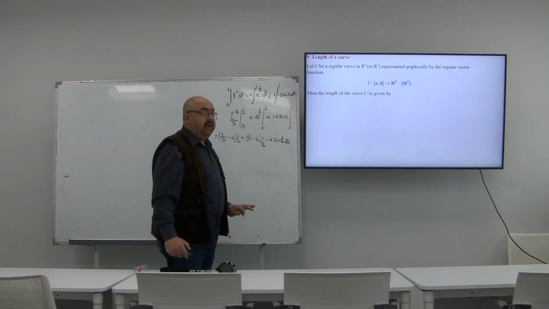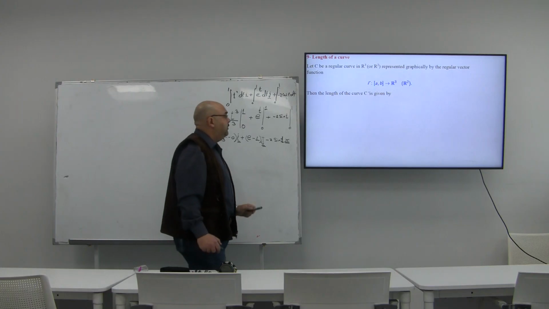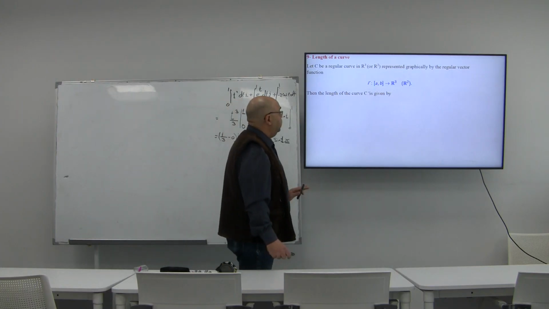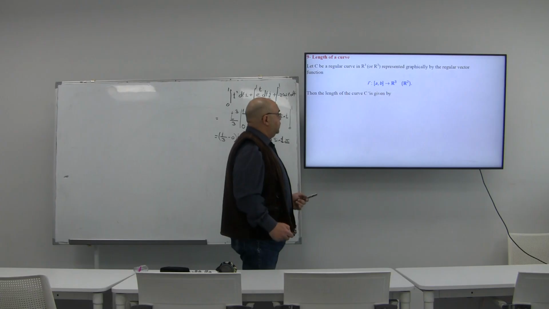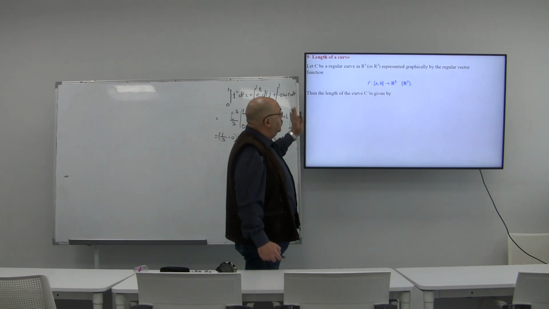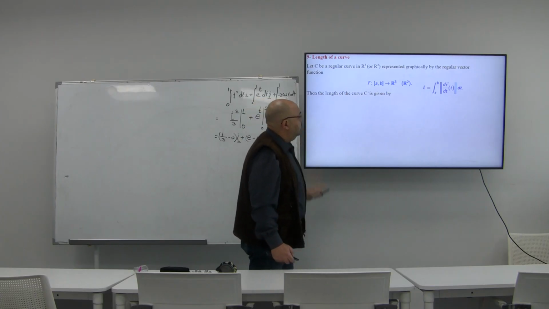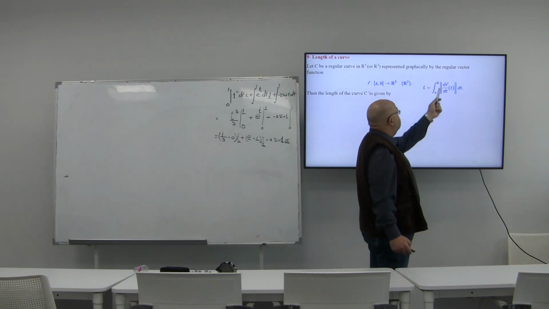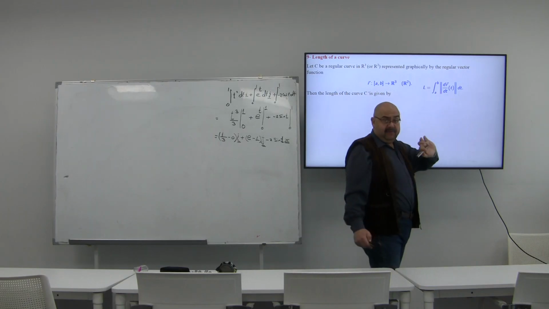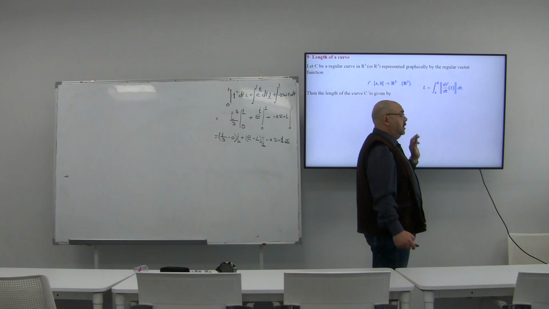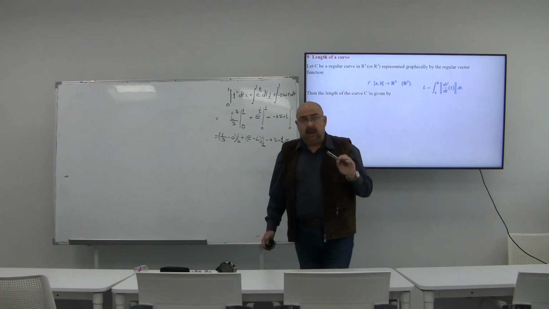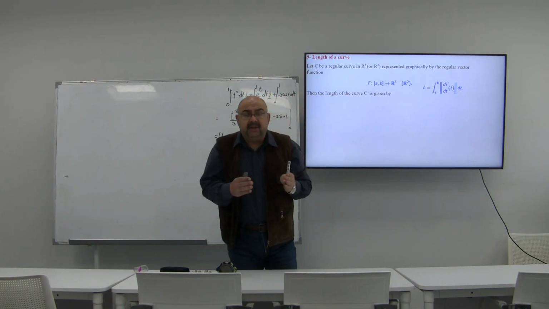Now, for the length of a curve, if I want to identify the arc length of a certain curve, all I have to do is apply this rule, which is the magnitude of the speed, the velocity vector, under integration, or integrating the speed value.